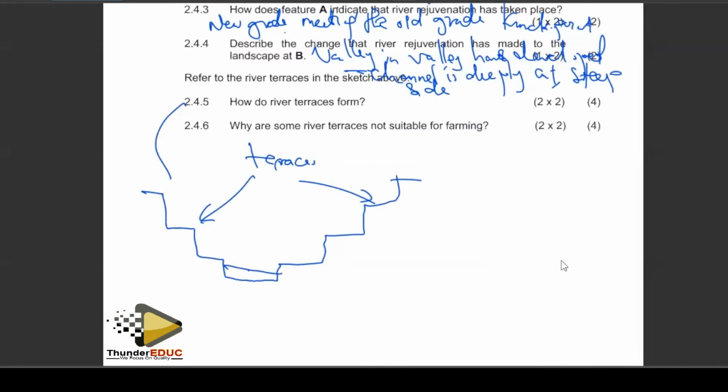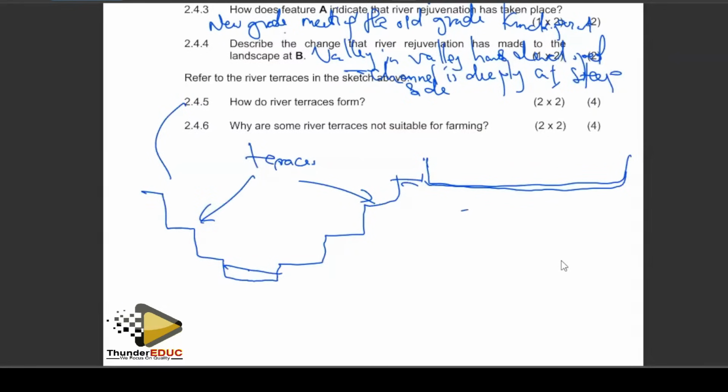How do these terraces develop? Right, basically, the process is a repetition of a series of processes. As rejuvenation happens, we are having this channel here. I'll explain using a diagram. Let's say this is our initial channel, our original channel of the river. The river is having a wide channel like this one. It's achieving a grade. There's a balance between deposition and erosion as the river is flowing on this channel.